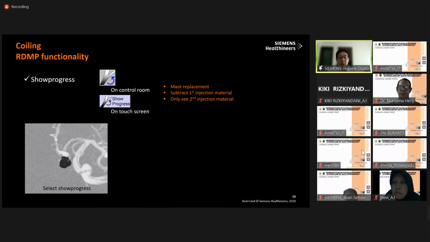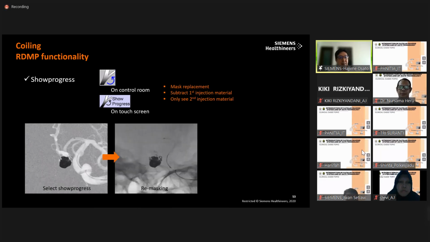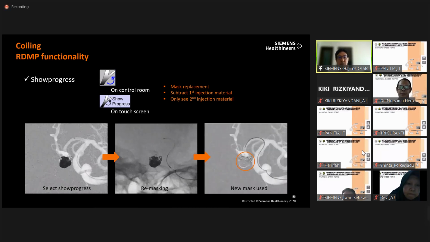Then we use show progress, and the system demasks. After that, the coil mass will be subtracted, so we can see the next coil as a black signal. That means the doctor sees the controlling coil only, so it is possible to confirm the second coil shape and figure on the subtracted image.